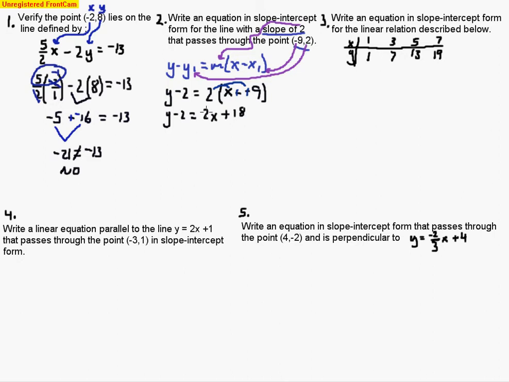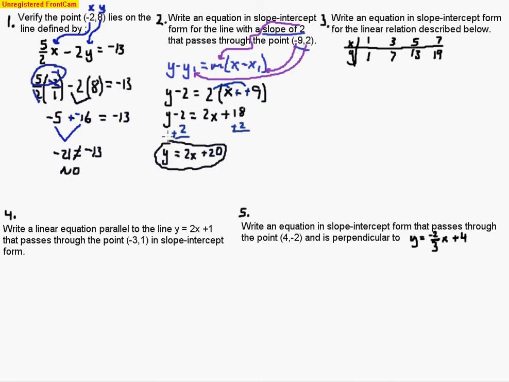And then from there, we just have one final step. To get it in that slope-intercept form, we're just going to get y by itself. So here I need to add 2 to both sides. So when I do that, I've got a y, and it equals 2x plus 20. And there's the answer.